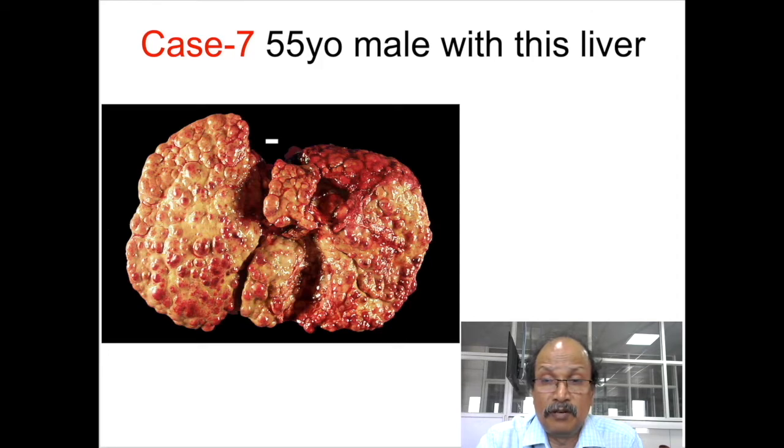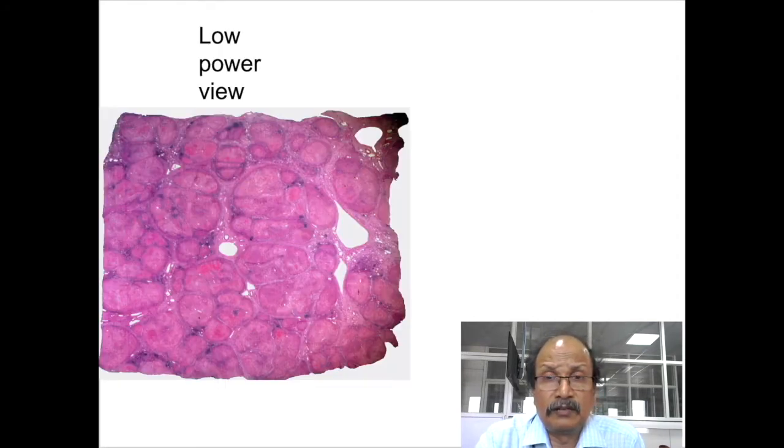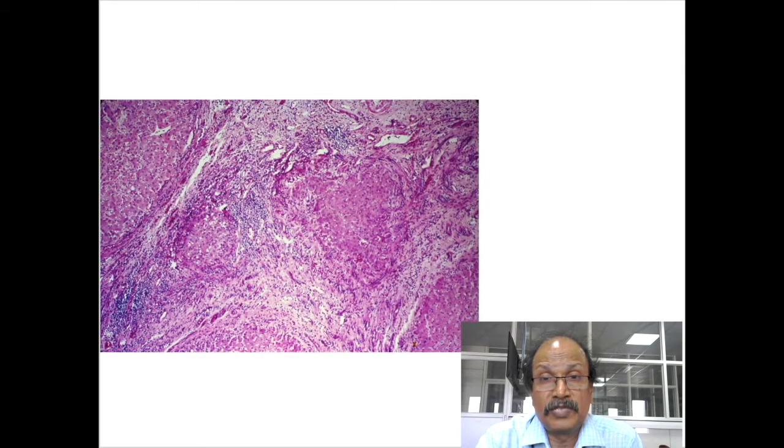So it is a macronodular variety of cirrhosis, and the section is showing different nodules, and in between there is some eosinophilic material, probably fibrosis, and this fibrosis is highlighted in the higher magnification. You can see different sizes of nodules without any portal triad central vein relationship that is normally seen in a normal liver.